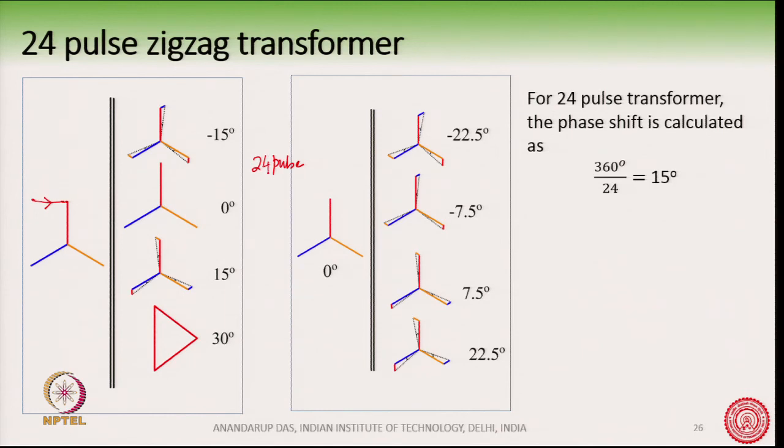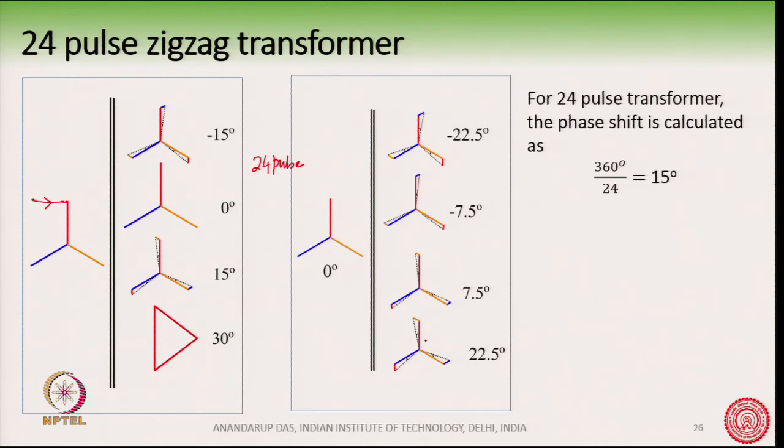There may be multiple ways of generating the 24 pulse. You can have the primary connected at 0 degree, and you can also have 4 zigzag transformers on the secondary instead of 2 zigzag as I have shown here.